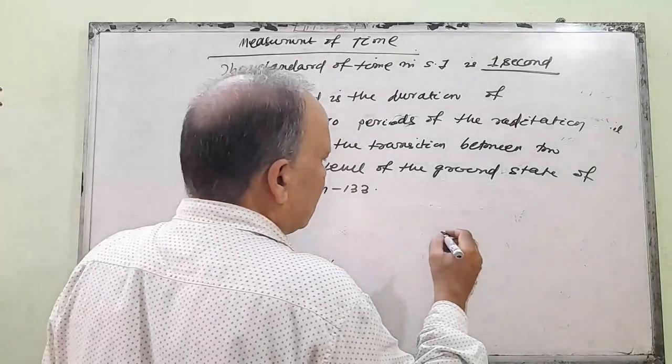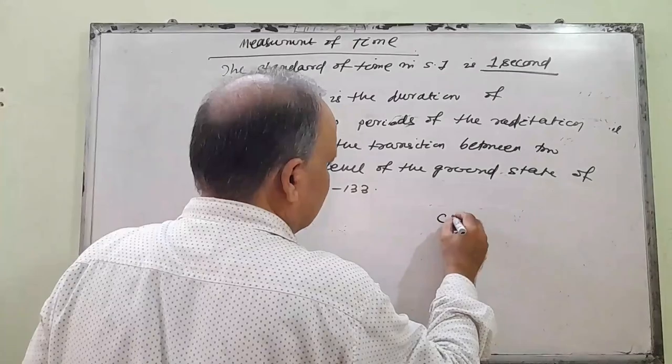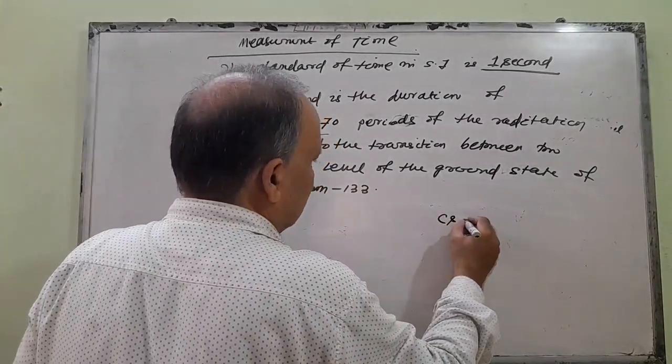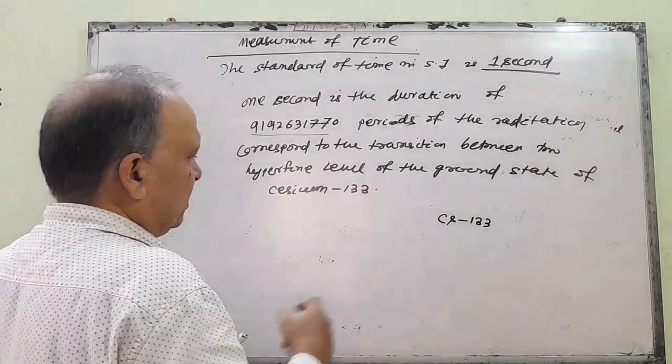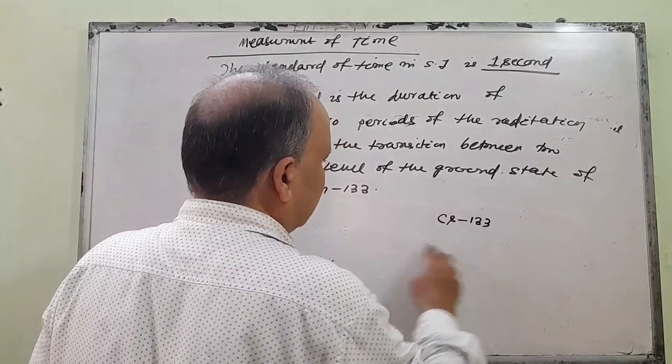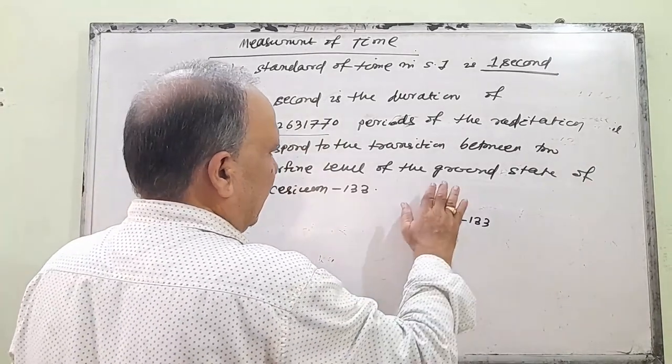You know, cesium is one element, cesium 133. For this element, you keep it in ground state.